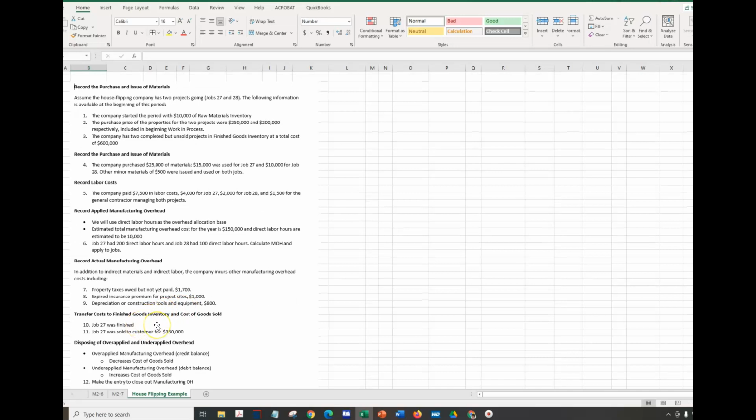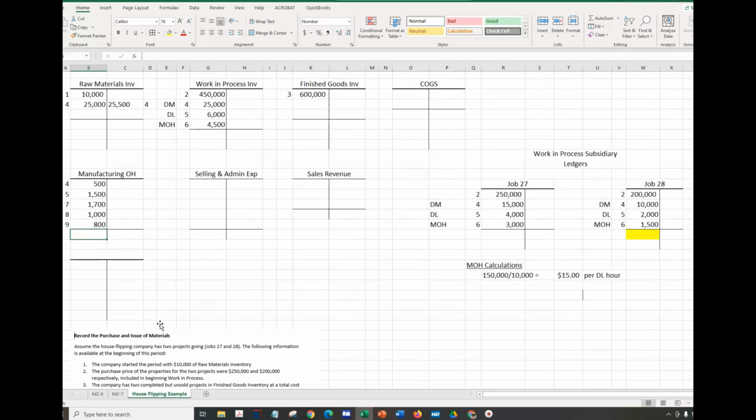Now we're asked to transfer cost of finished goods inventory and cost of goods sold. So job 27 was finished and sold to a customer for $350,000. Okay. Let's calculate our total costs here. So we started with 450, we added 25,000, we added 6,000, we added 4,500.